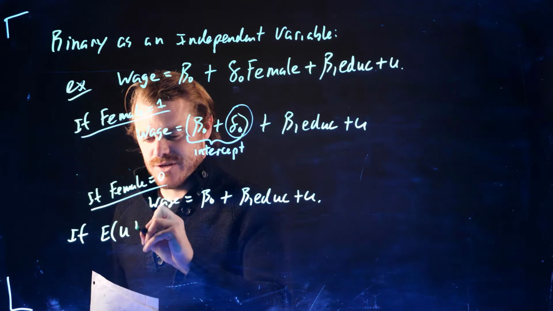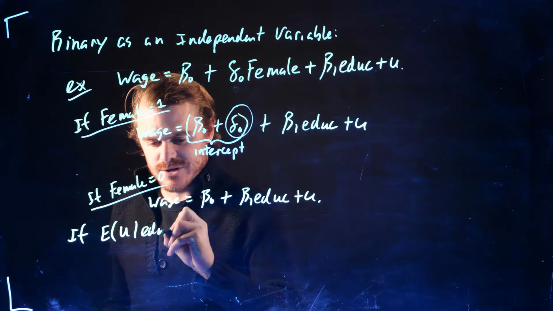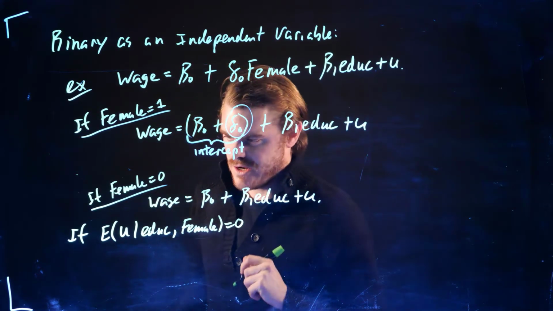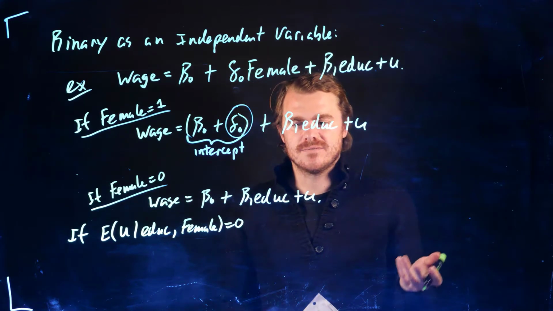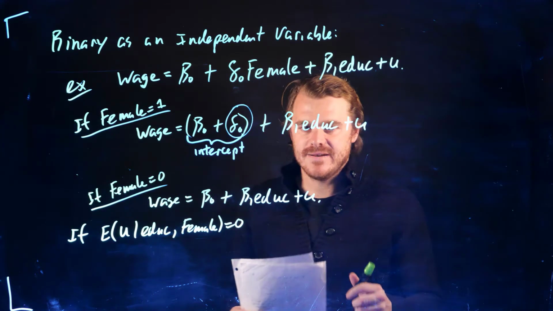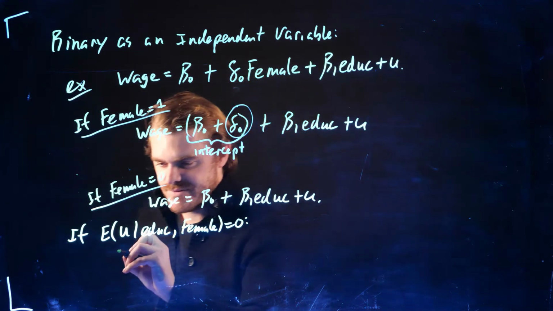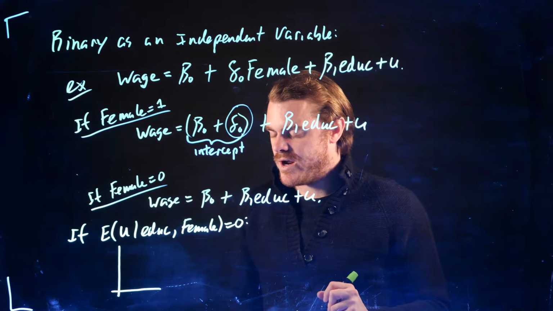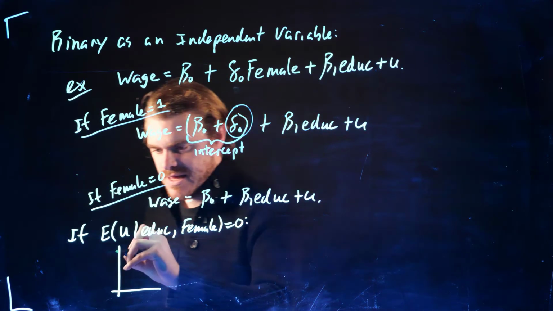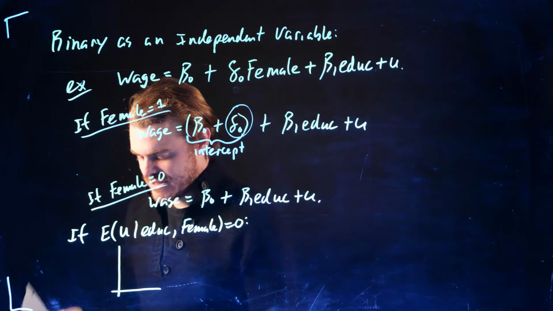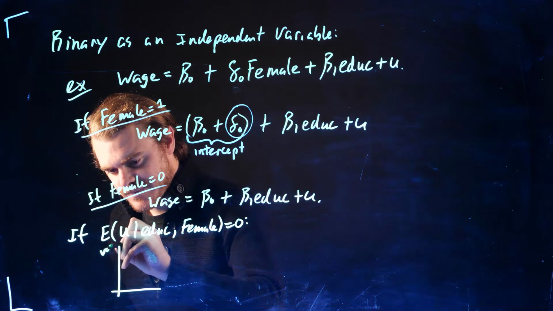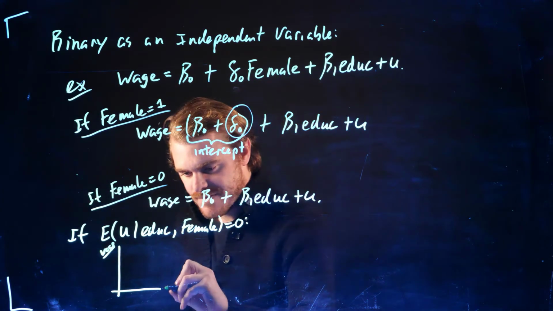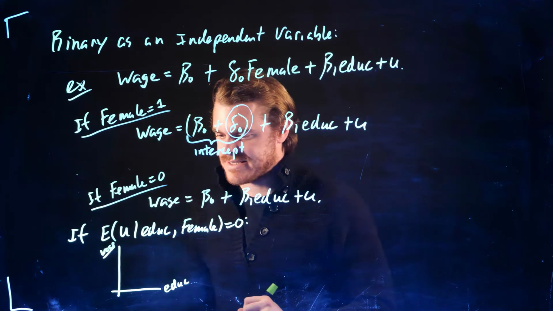If the expectation of u, given our two variables, education and female, is 0, if we didn't have any omitted variable bias and this regression was properly specified, then if we wanted to draw out what our regressions look like, we could have wage on the y-axis and education on our x-axis.